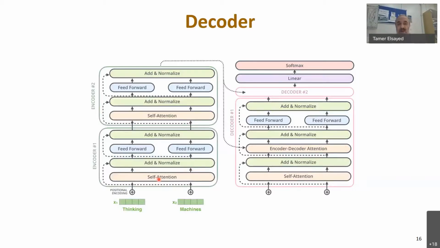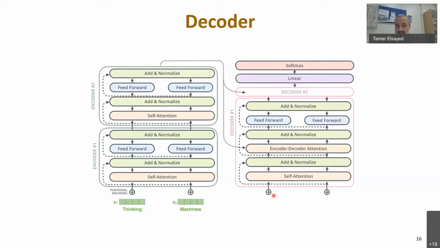I hope you understand what we mean by self-attention, right? That's capturing the relationships between the words in the input sequence. In the decoder, self-attention is doing the same thing, but for the output sequence.